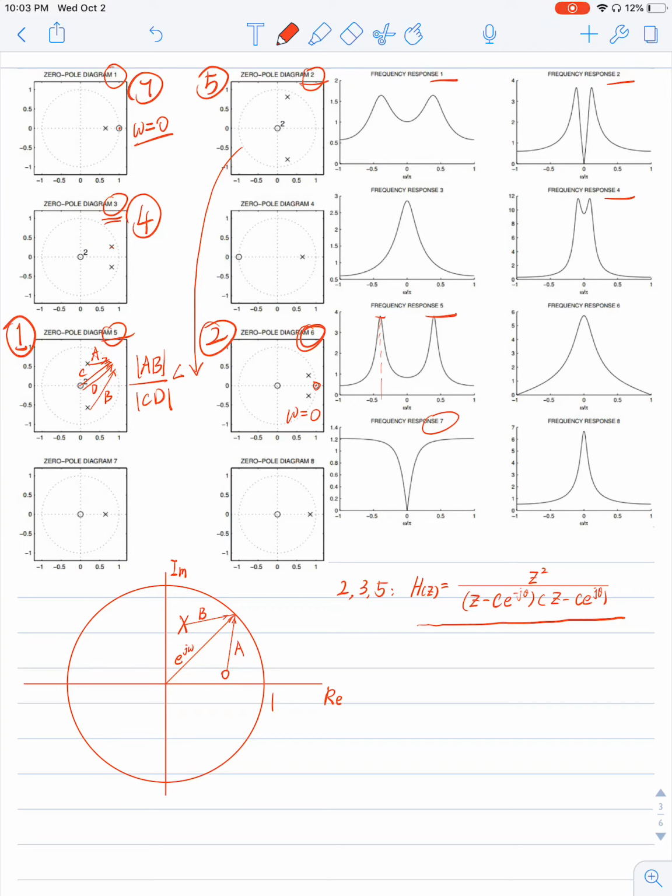And for diagram 4, when omega equals pi or minus pi, the magnitude of the frequency response is 0. So it can only be response 6.